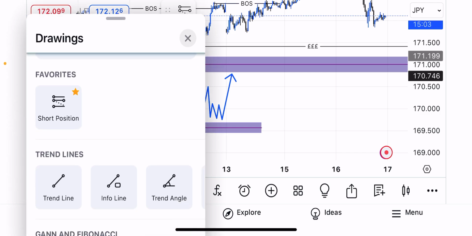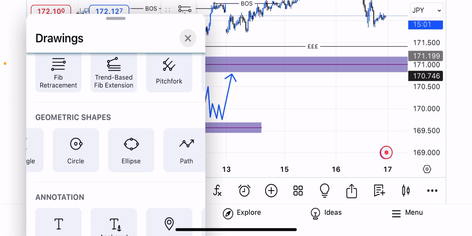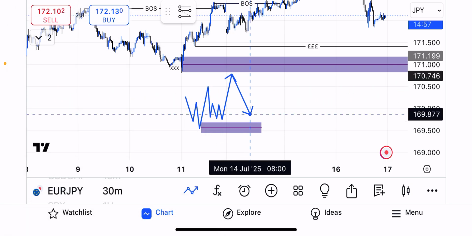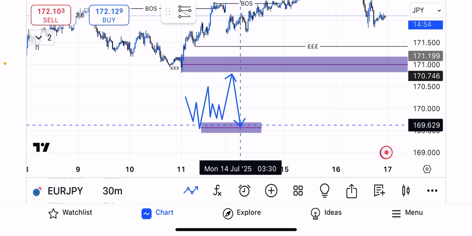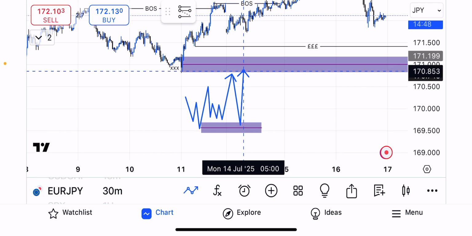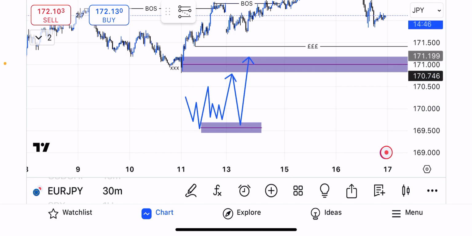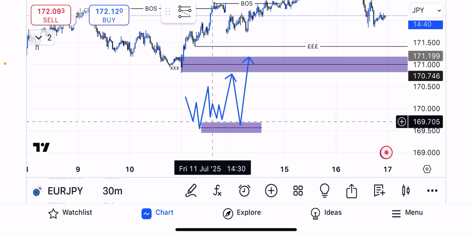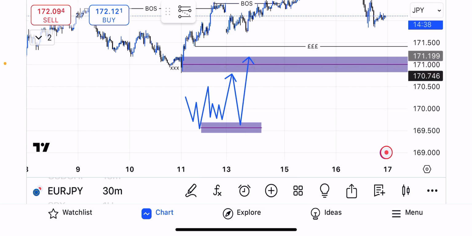So now we're expecting price to tap into this block, right? After it taps in, what are we now waiting for? We are waiting for price to reverse upwards, because this liquidity here is what will fuel the price move upwards, right?